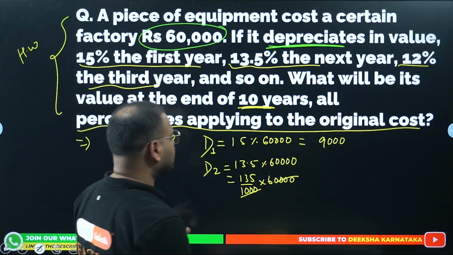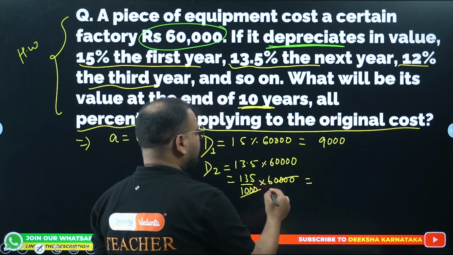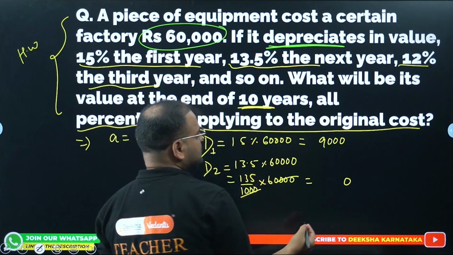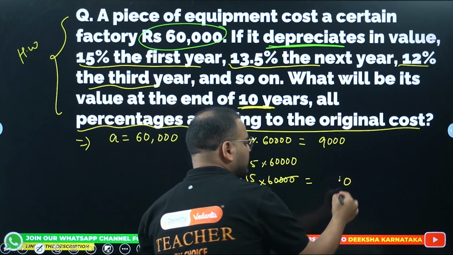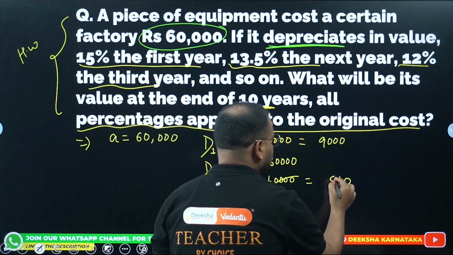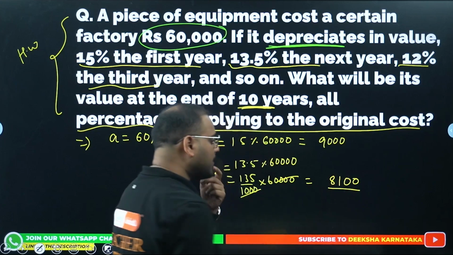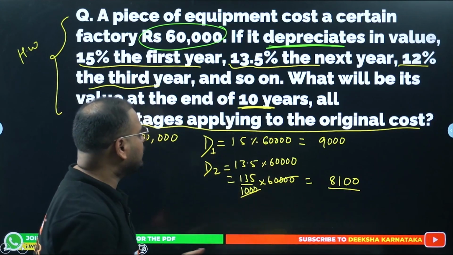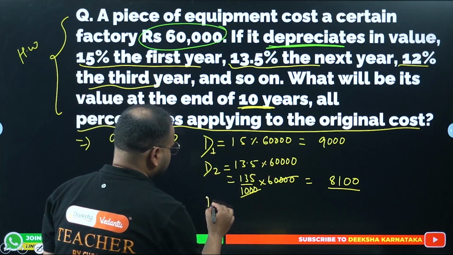Now multiply 60 with 135. 5 6s are 30, so in hand is 3. 6 3s are 18 plus 3 is 21, so in hand is 2. 6 1s are 6 plus 2 is 8. And 1 zero is left. So the depreciation in the next year is 8,100 rupees.